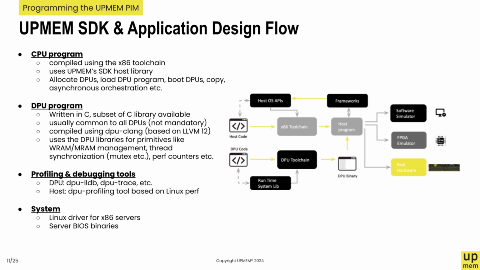We provide some host libraries to do all the CPU synchronization and orchestration and so forth, loading DPU programs, booting the DPUs, etc. The embedded DPU program is written in C.